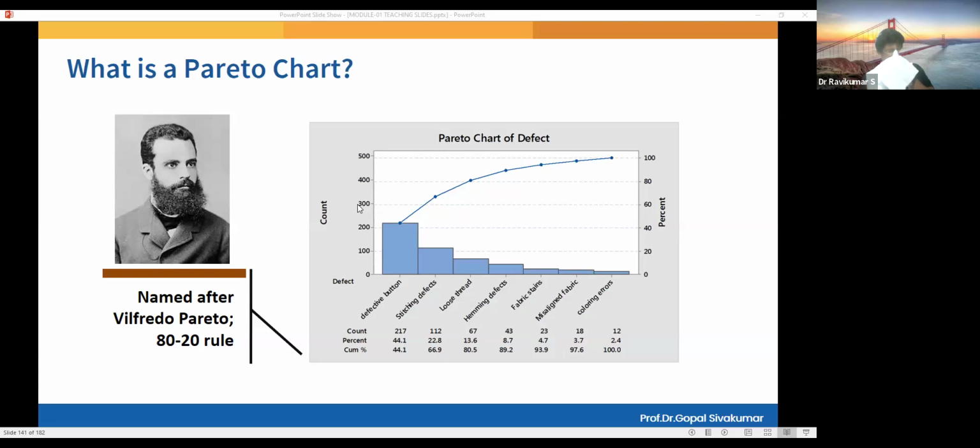If you try to resolve all the problems, you need a lot of resource and time. So why waste it? Just identify the problems which create around 80% of the problems, so that when you resolve those 2 or 3 problems, the process efficiency increases by 80%. That is what Pareto was trying to convey.